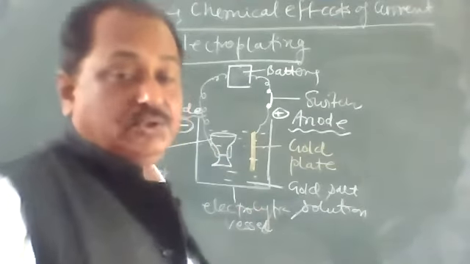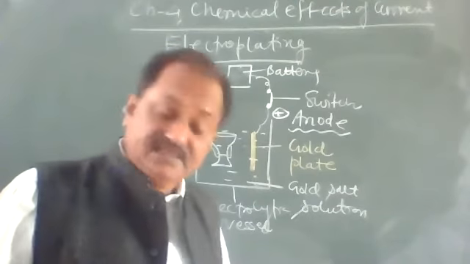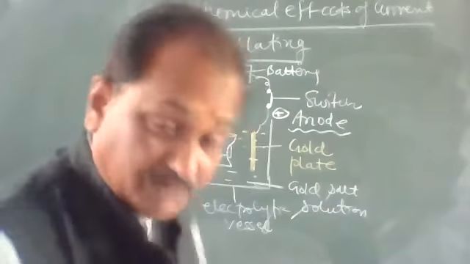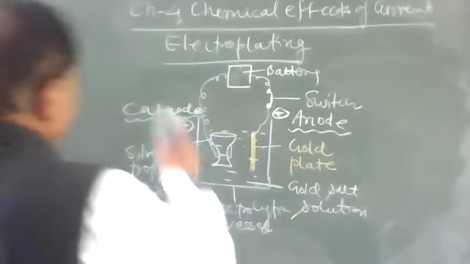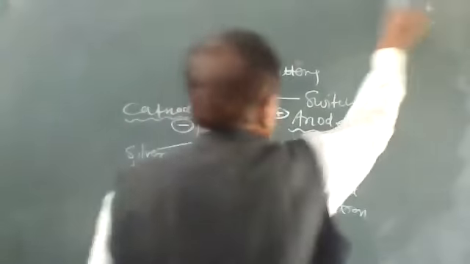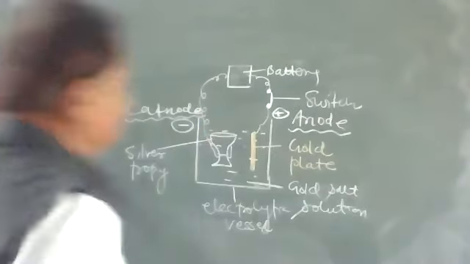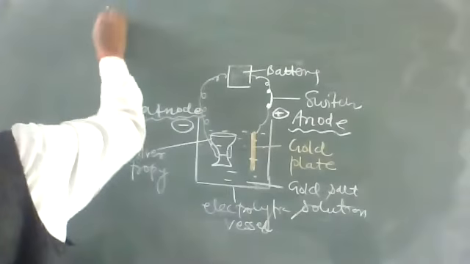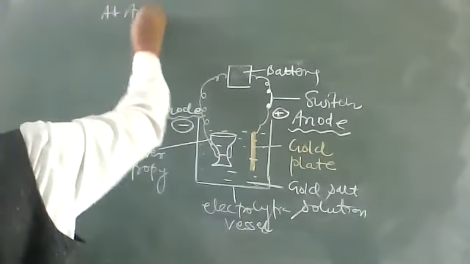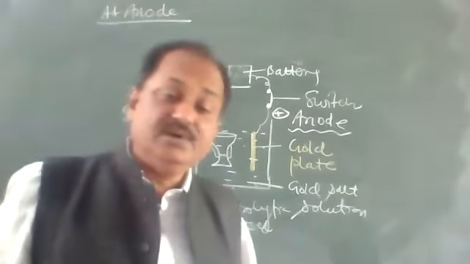So at cathode there is one reaction, at anode there is another reaction. Now see how reactions take place. The reactions will take place in this manner. So at anode there is oxidation, and what is oxidation?